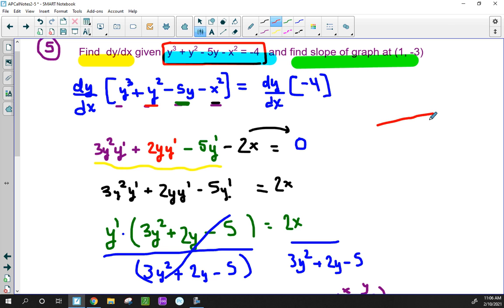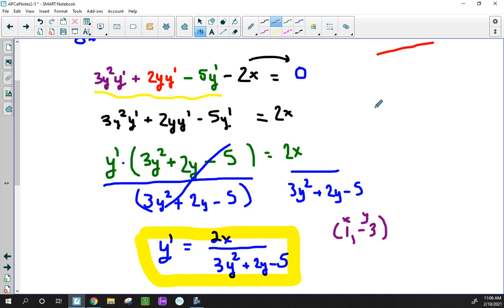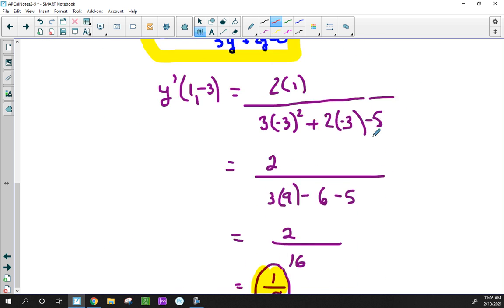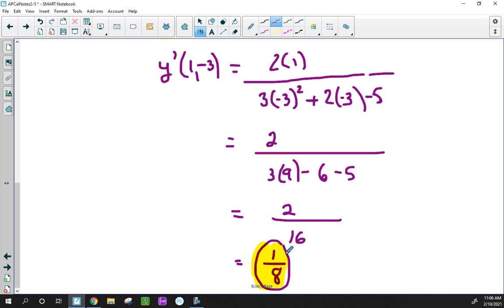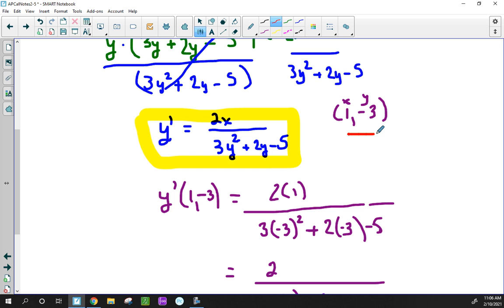So keep that in mind. When you're finding slope in calculus, of course it's the derivative, but the slope indicates the slope of the tangent line that intersects that graph at this location.